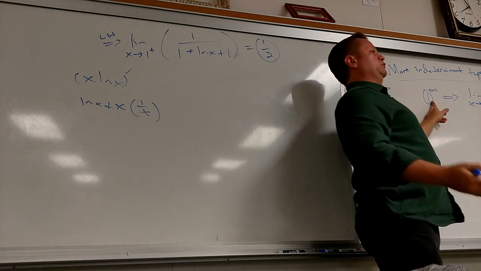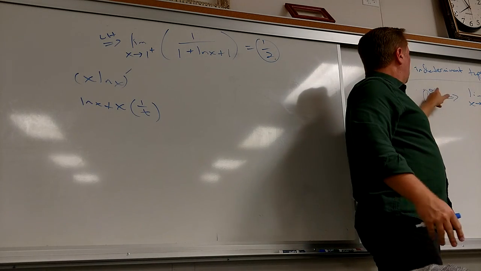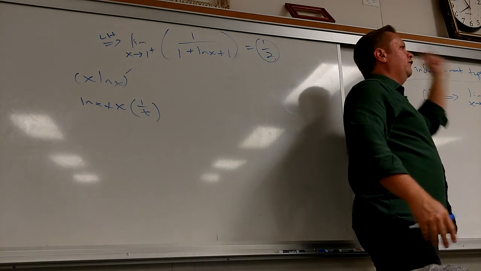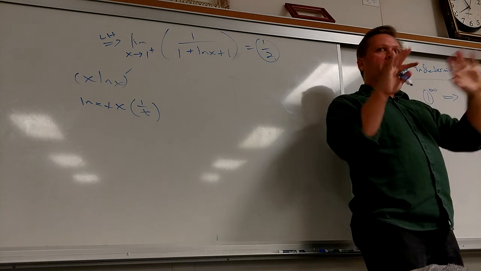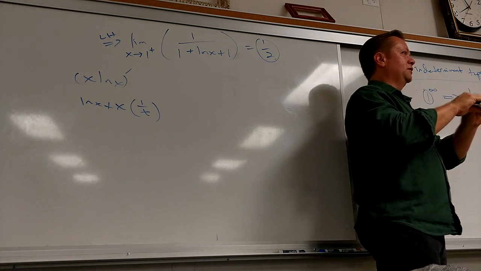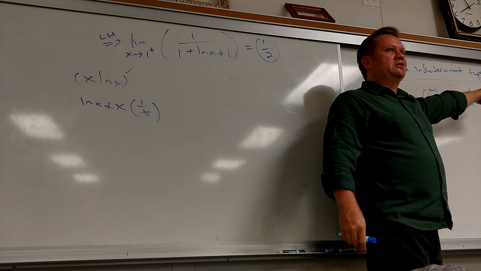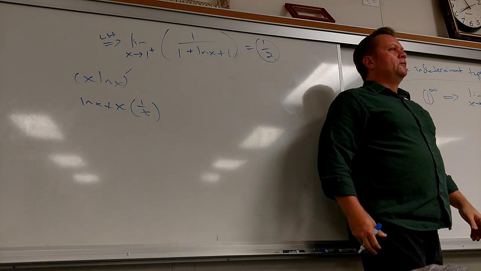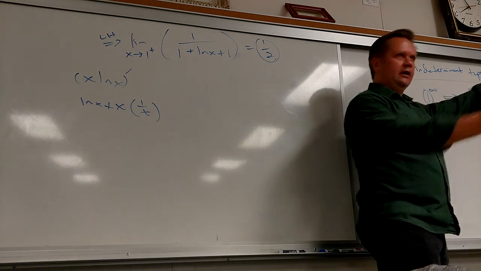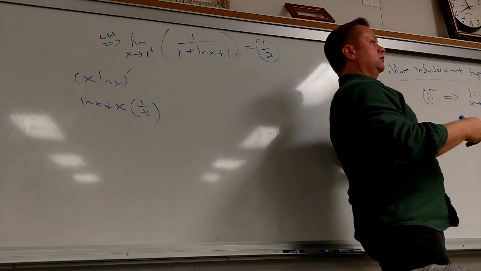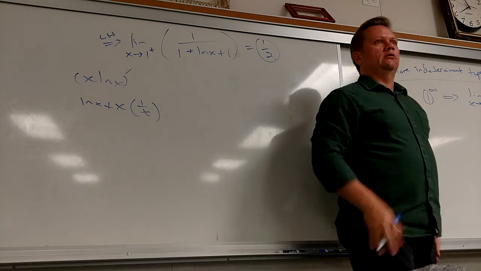You might look at this and say, well, that's 1. No, it depends on who's going to which thing faster, which is why L'Hopital goes, oh, maybe I could do something. But what's wrong with that? Again, same thing that was wrong with this one: it's not in ratio form.